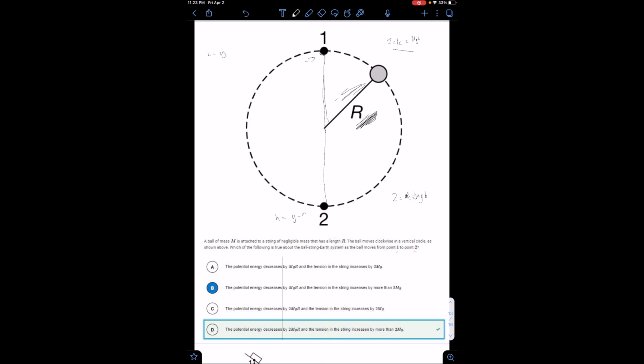And so we're decreasing the potential energy by that, and the tension in the string will be increasing by more than 2 mg, because we are now holding the block going down this way. Since we have our constant r, it'll be 2 times the mass times, as we said earlier, y minus k. So our answer choice is D.